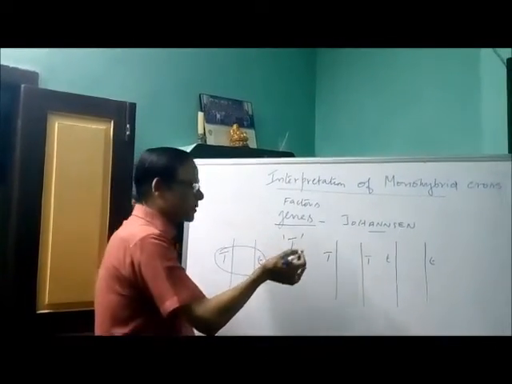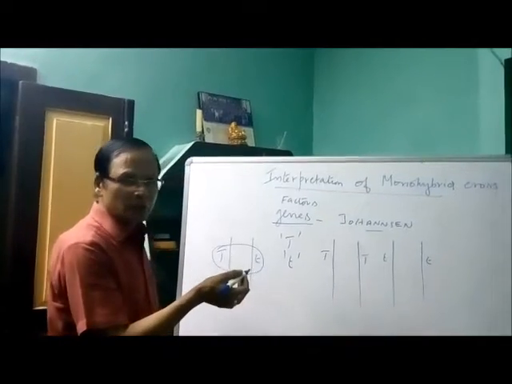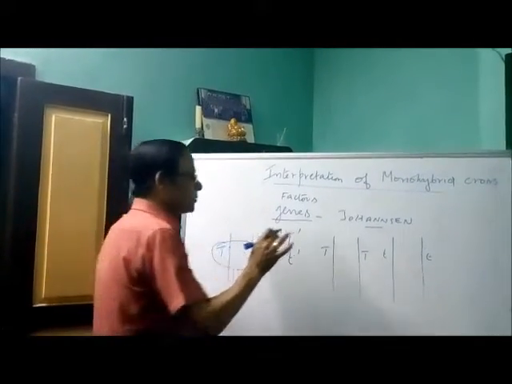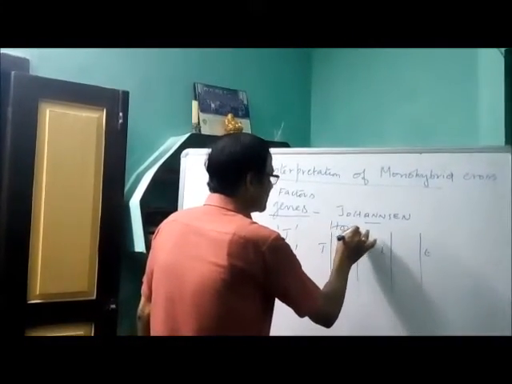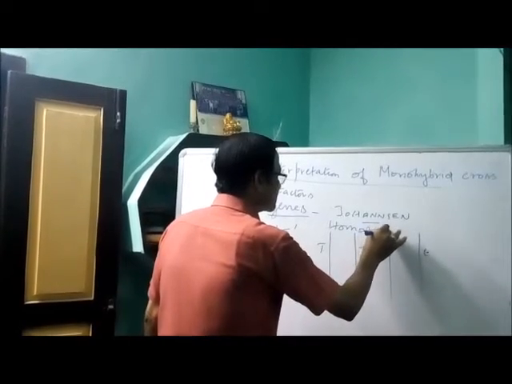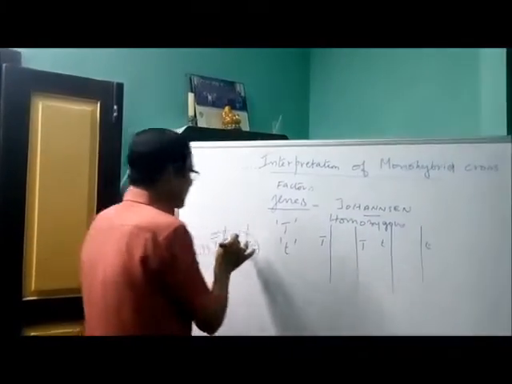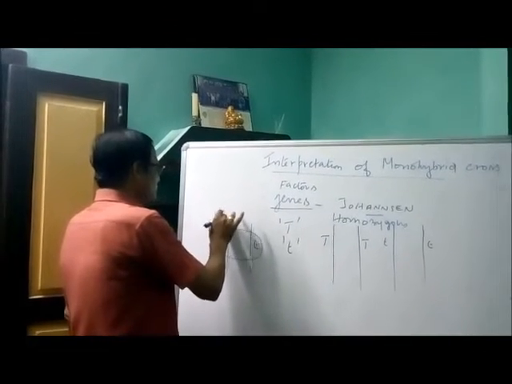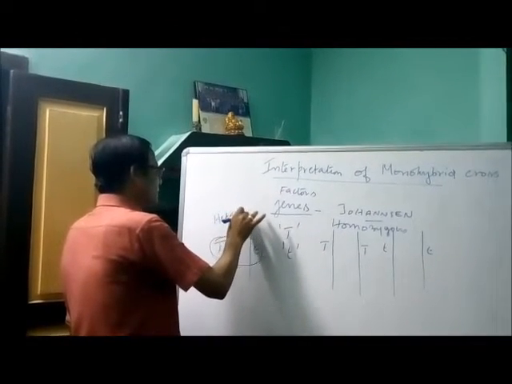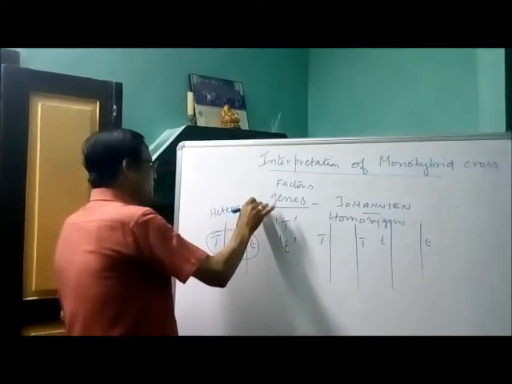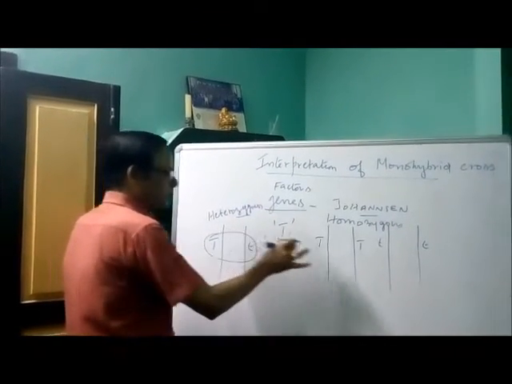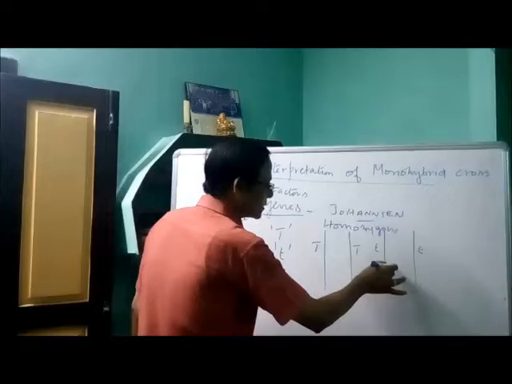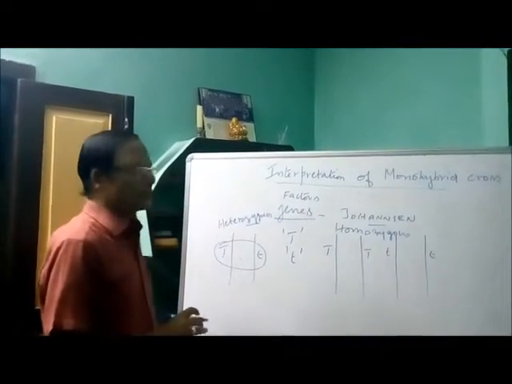So when the factors for a particular character in homologous chromosomes are alike, the condition is called homozygous condition. Here the factors are alike. When the factors are not similar, then the condition is called heterozygous condition. The factors are unlike. Now this is heterozygous tall and this is homozygous tall.